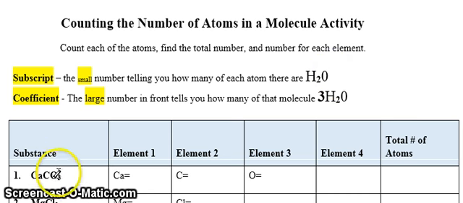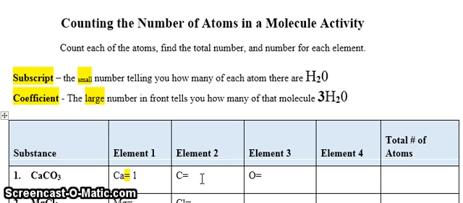If you look down here, first example is CaCO3. The first thing we do is we notice that there's 3 different elements. There's a Ca, a C, and an O, which is listed for you here. Now you're going to count them, and you look at the subscripts. For Ca there isn't a subscript, so that would mean that there is 1 Ca.